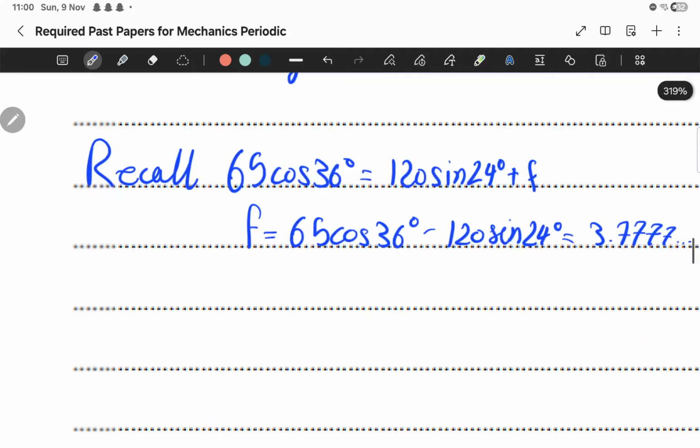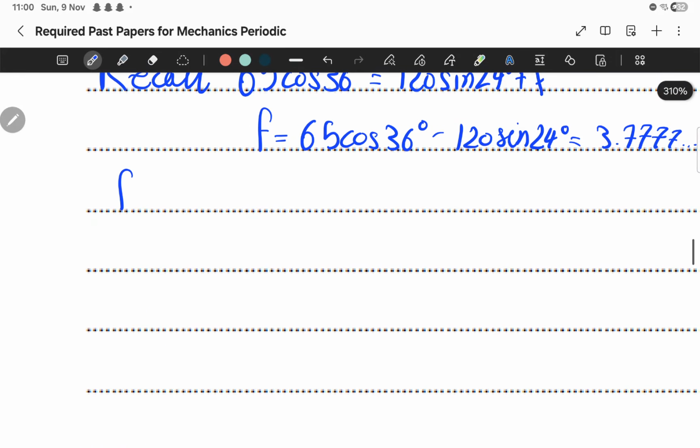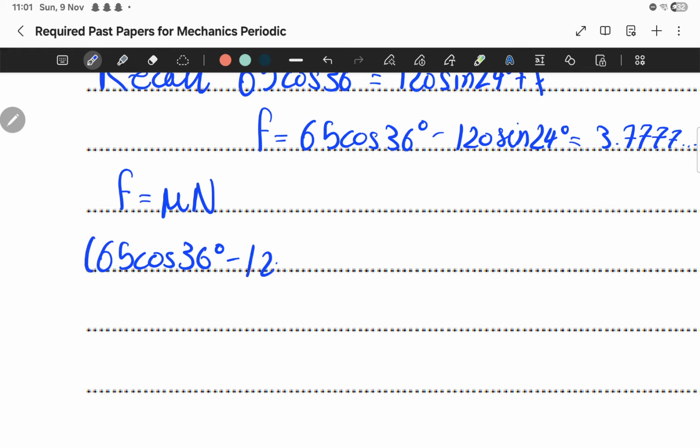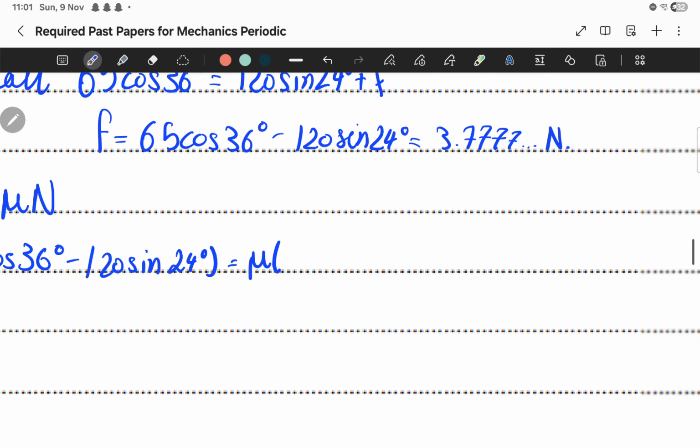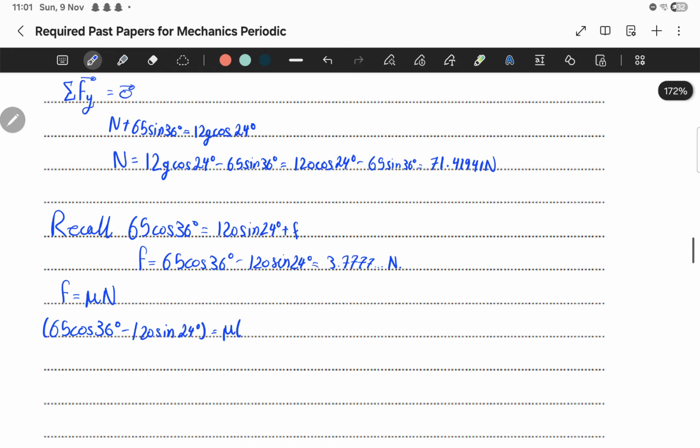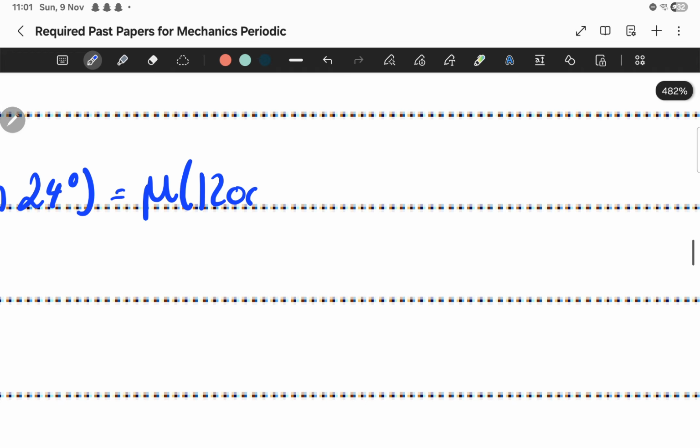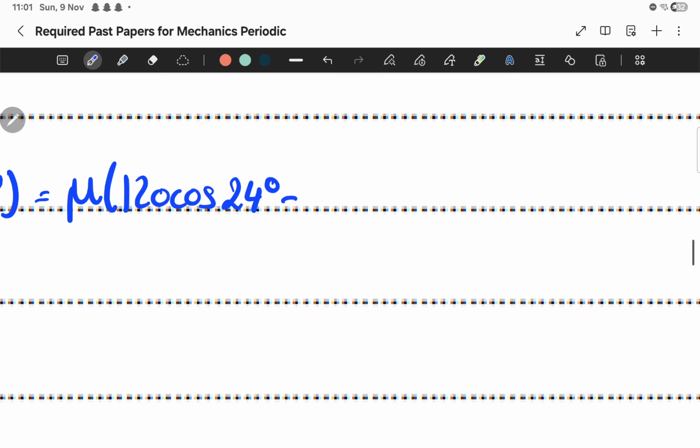Okay, now F equals mu n. So 65 cosine 36 degrees minus, let's put this in brackets, 120 sine 24 degrees equals mu times what was n? 120 cosine 24 minus 65 sine 36.